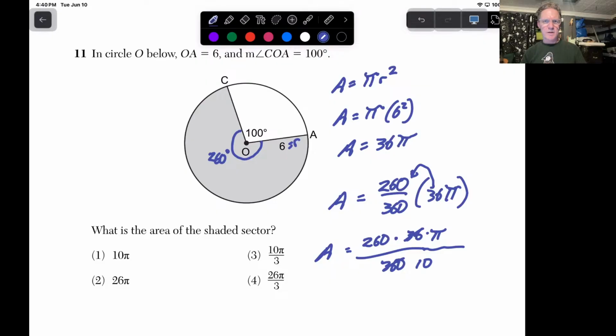Because 36 divided by 360 is 1/10. And then you could even simplify this, where this is really just 26. You could plug it all into your calculator too. I'm just trying to use some little mental math. So the answer is 26 pi.